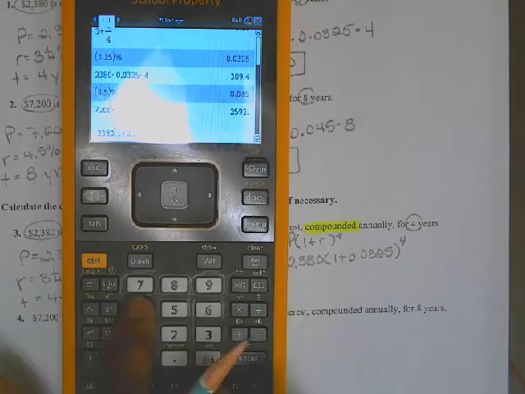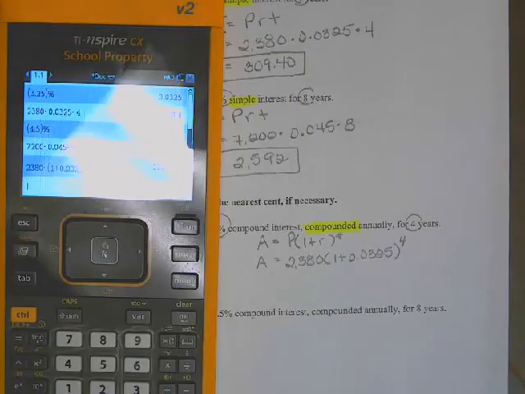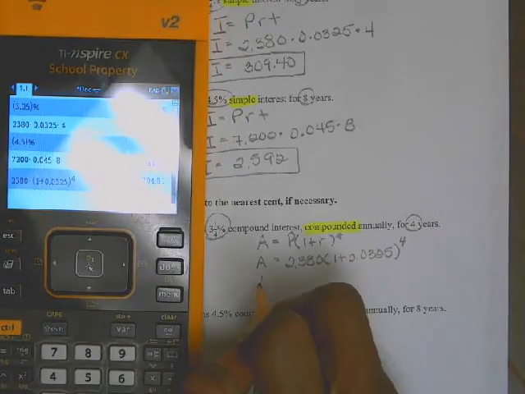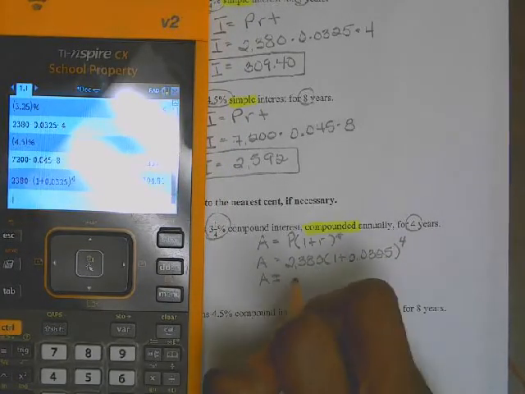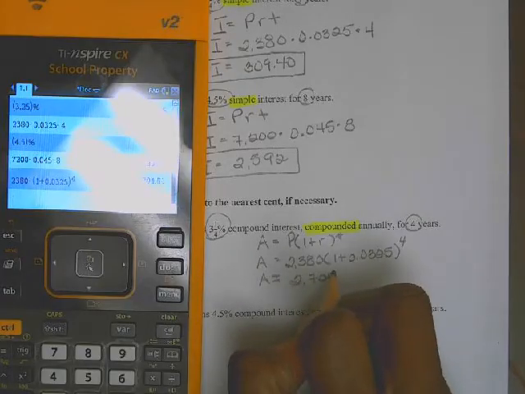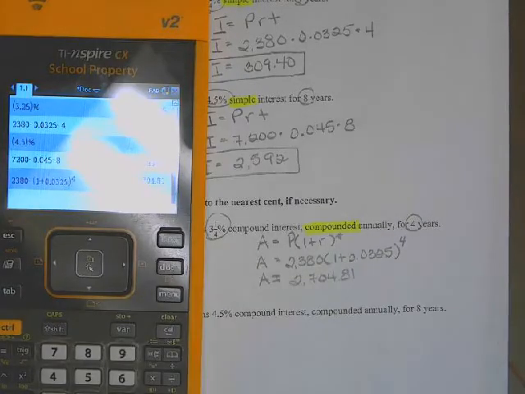I'm going to raise it to the fourth power, which is going to give me an account balance of $2,704.81. But I'm not done.